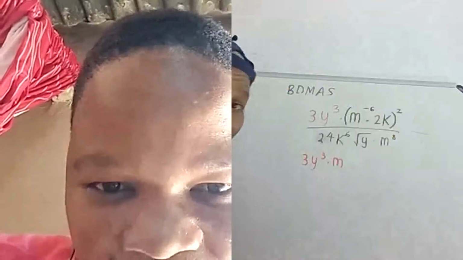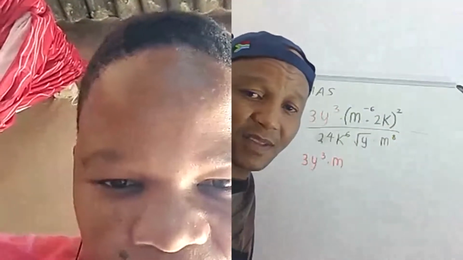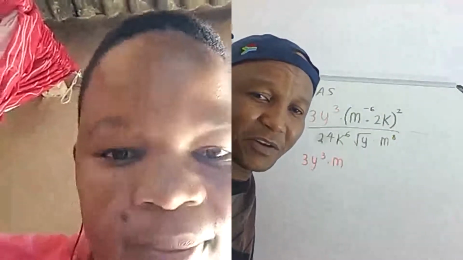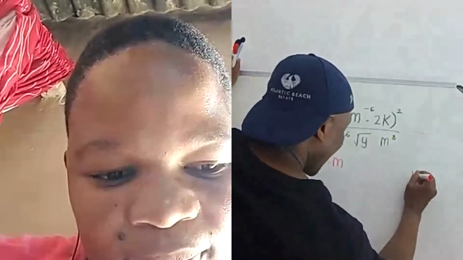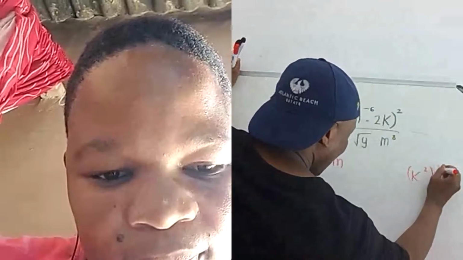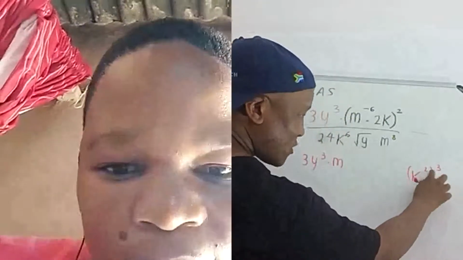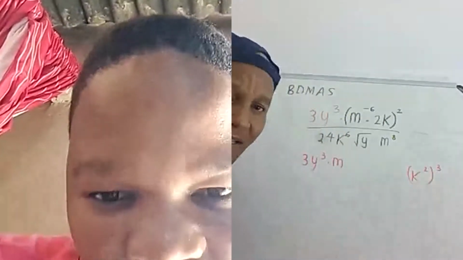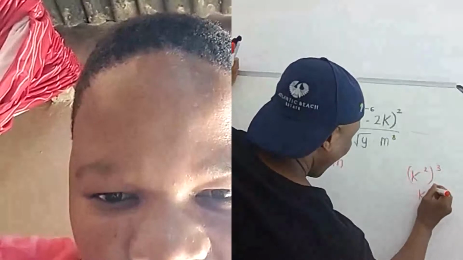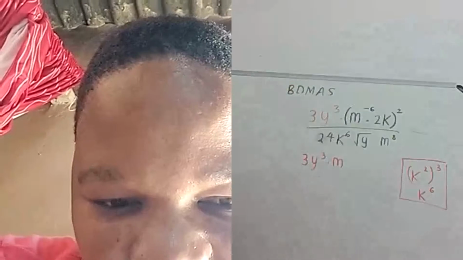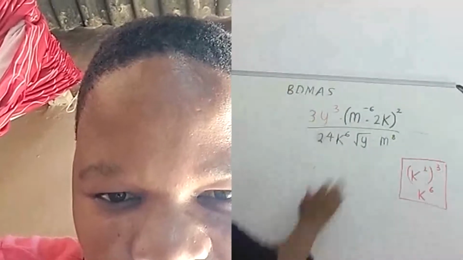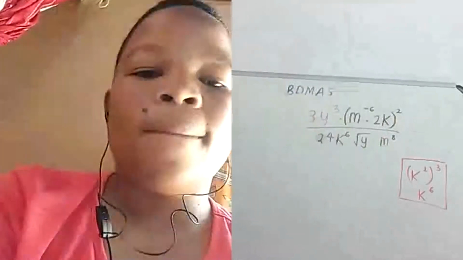Remember, here you don't add, you multiply, because a bracket means multiplication. It's like k power 2 times 3: you just multiply these two, so k power 6. Before I start, let me take a picture of the question so later when you practice, you can use it.